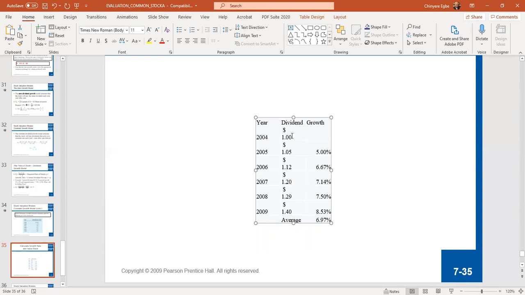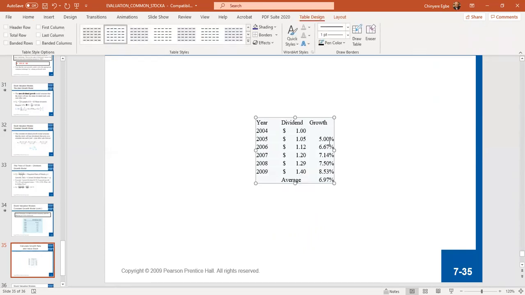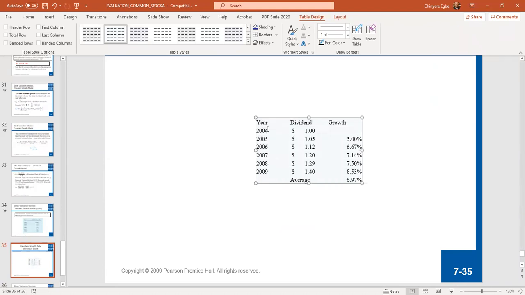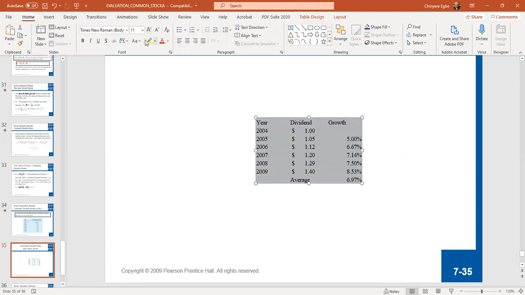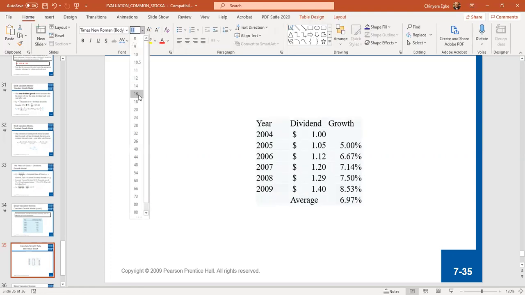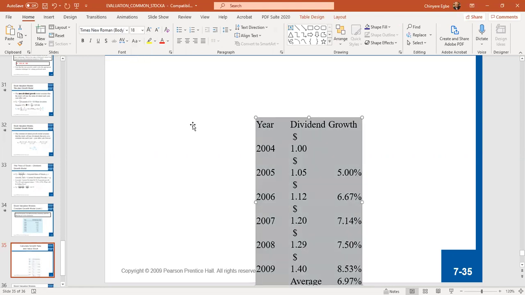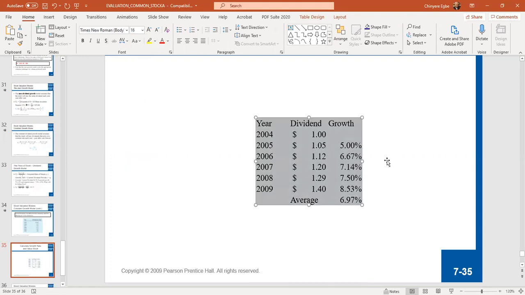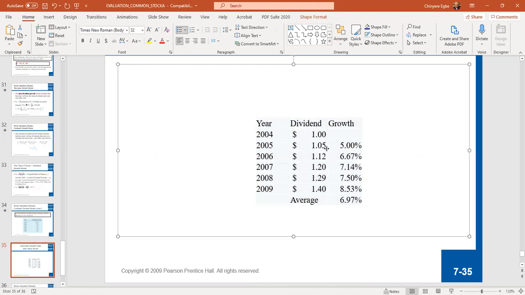This is the same data that we have, except that now what I did was to look at an average growth rate.